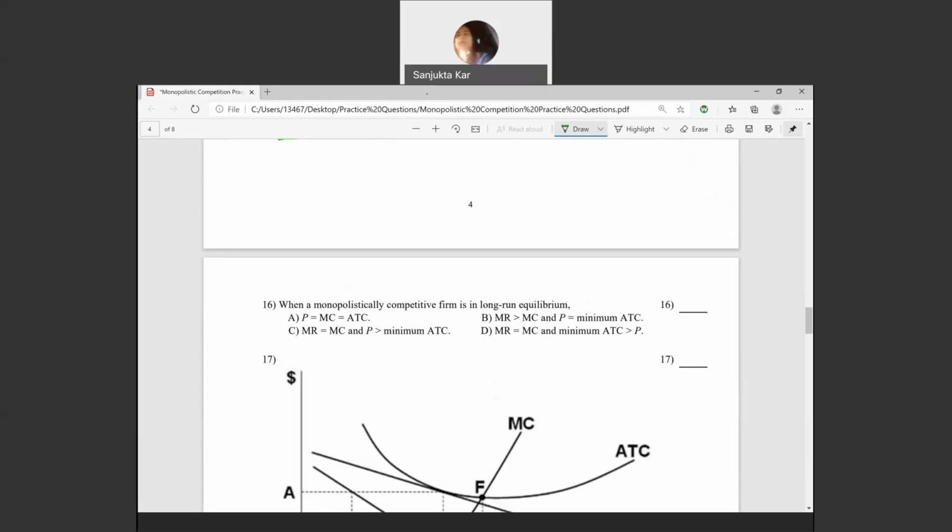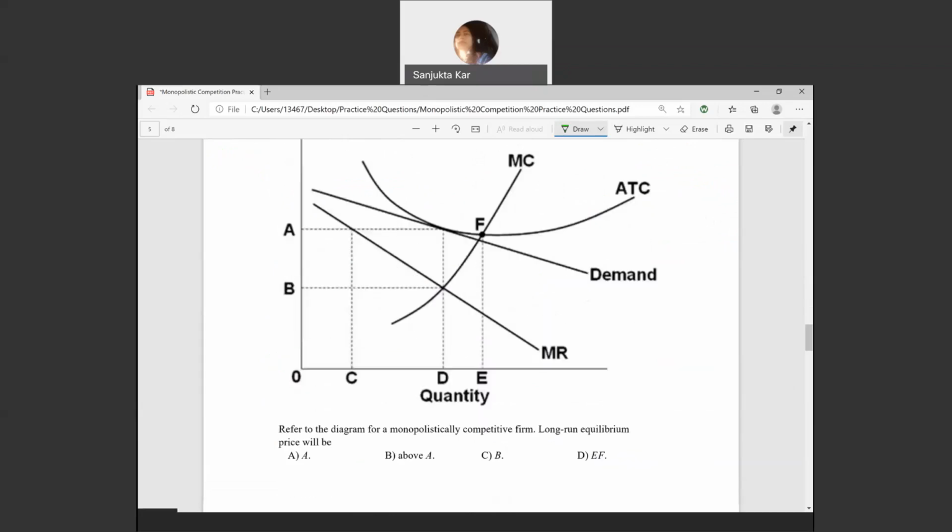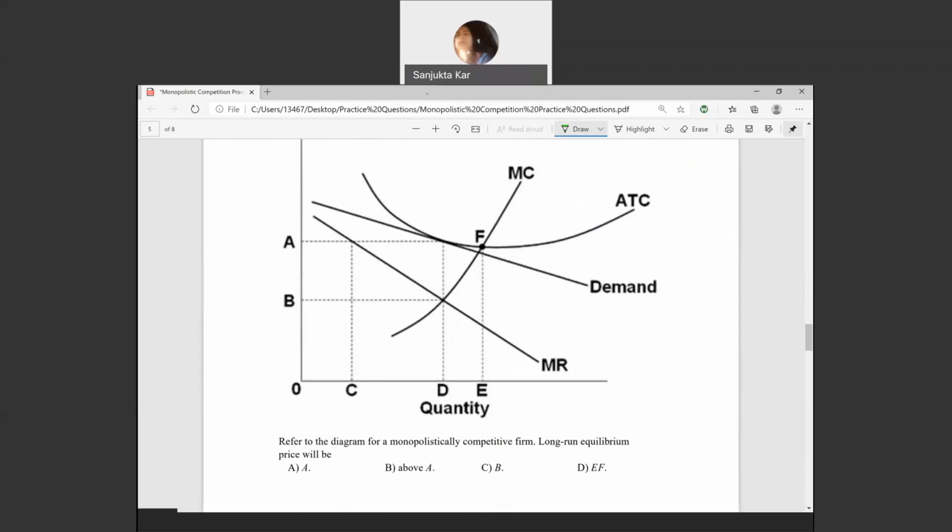When a monopolistically competitive firm is in the long run, which one is true? Definitely this one: MR is always equal to MC and price is greater than minimum average total cost.